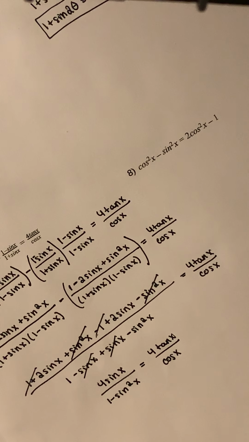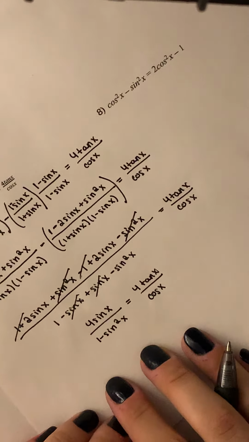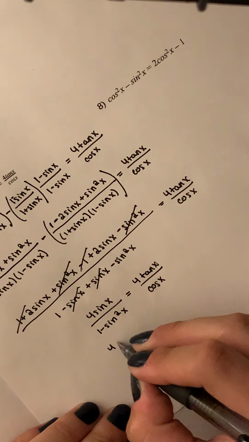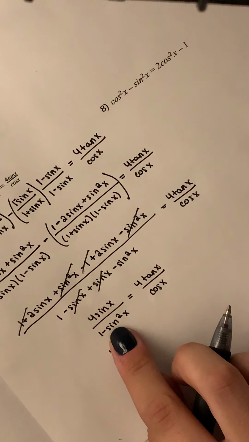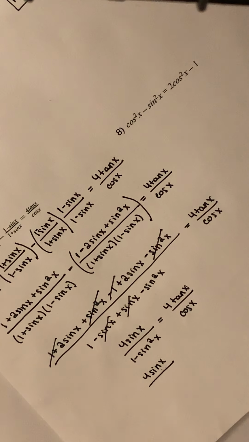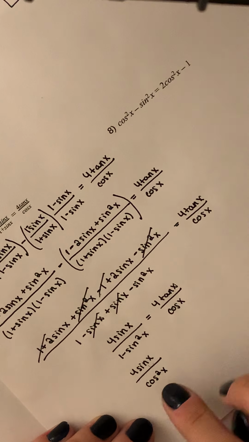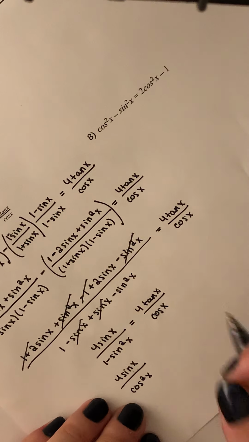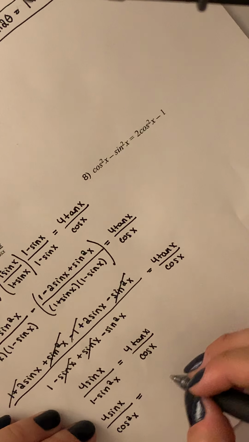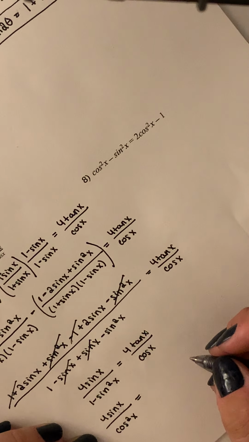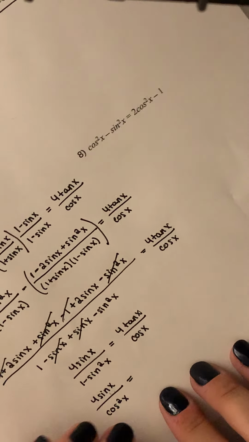Alrighty, so there's still one more thing we can do on our left side to simplify. When I copy this down, we still have 4 sine x, but we can recognize that our 1 minus sine squared x is from our Pythagorean identity, so that's going to leave us with a cosine squared x in our denominator. And looking at our right side, our 4 tan x over cosine x can definitely be simplified because, again, we never really have tangents in our answers.